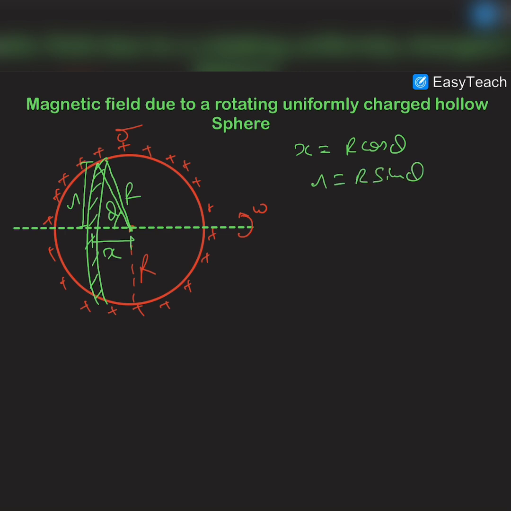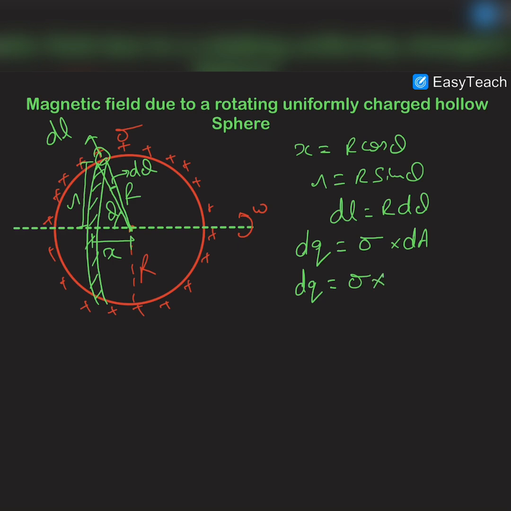Okay, so first of all, these are the dimensions of the ring, and this small width of the ring, dl, will be equal to R d theta, where d theta is this small angle. So if we find out the charge on the ring, then charge will be sigma into area of the ring, and area of the ring will be 2 pi r into width, which is dl.